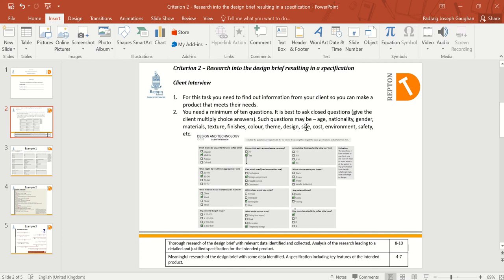For size, for example, I wouldn't say small, medium, and large because you need to be more specific. Their idea of what is something small may not be the same as yours. So you need to give values.